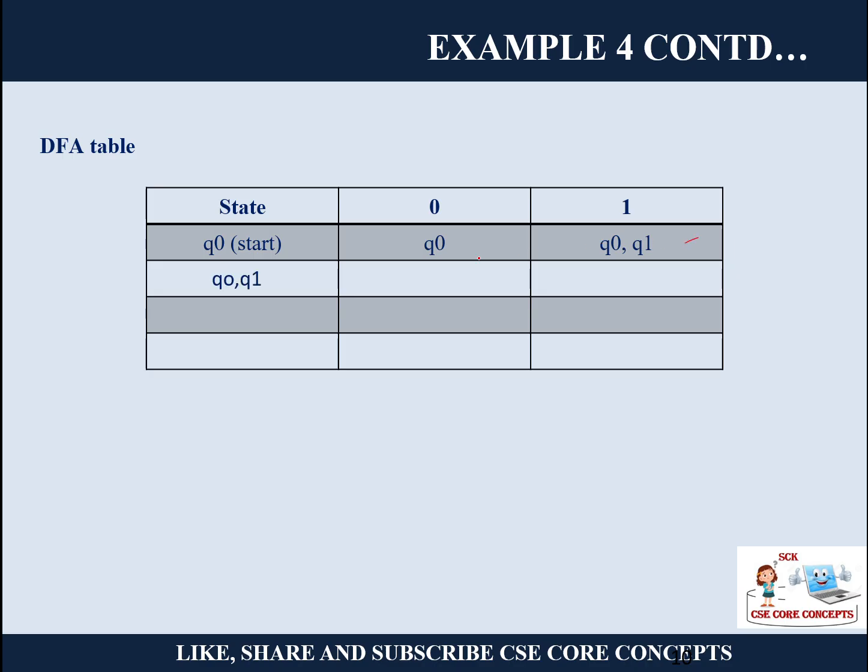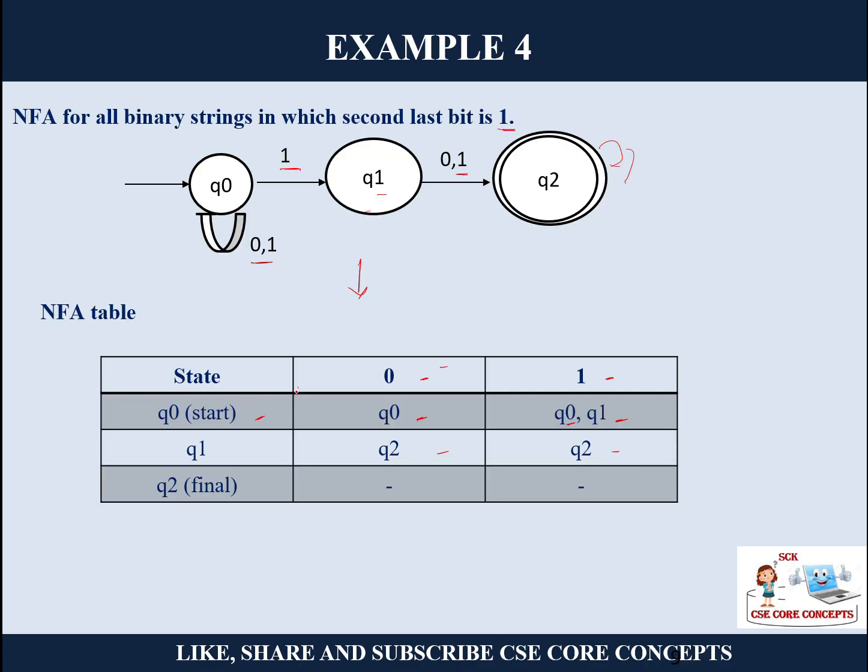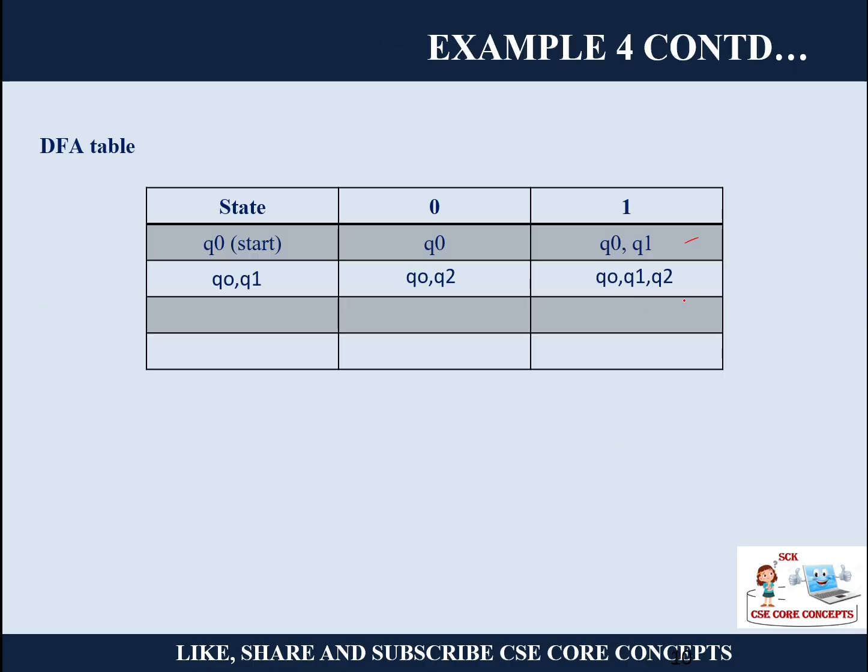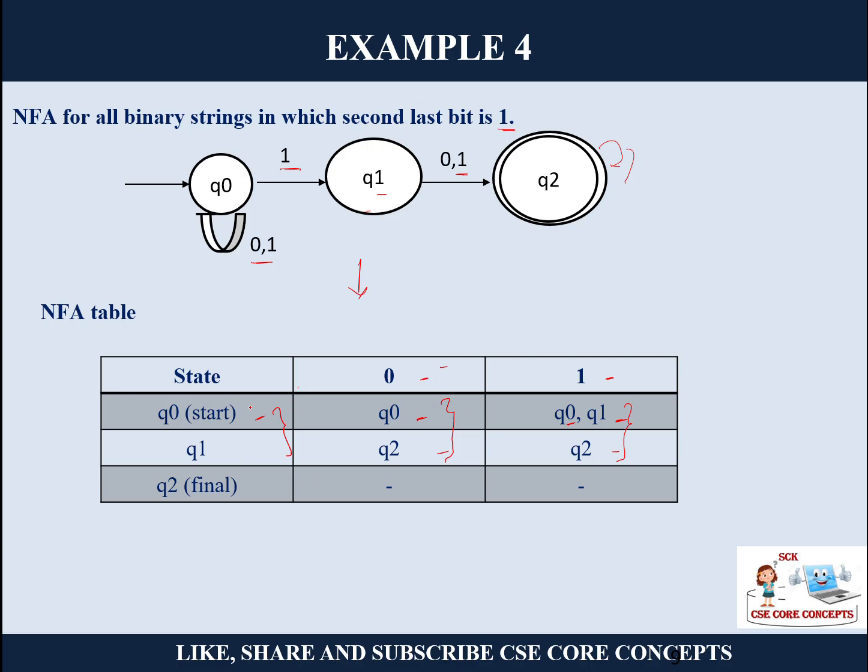The second row, we will explore Q0, Q1. So with an input 0, we will move to the next state, that is Q0, Q2. With an input 1, we will move to the next state, Q0, Q1, Q2. Right? Now we need to explore this one. So Q0, Q2. If you explore Q0, Q2, you go to Q0 state with 0 and you go to Q0, Q1 state with 1.